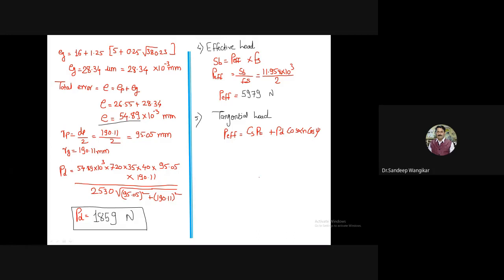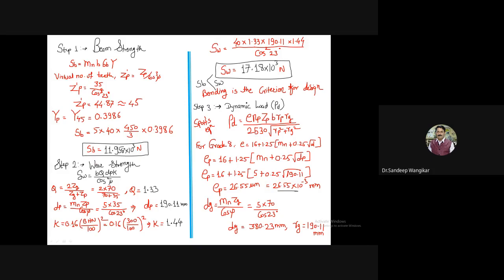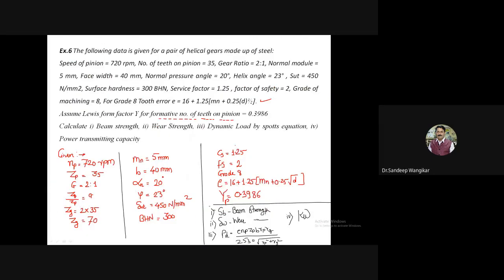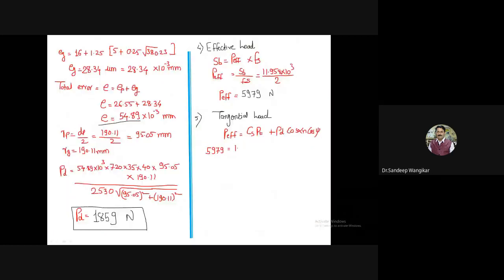So now we are having P effective is equal to 5979 is equal to CS, let us take the value, 1.25, into PT plus PD, 1859, into cos of alpha n 20 degree into cos of 23 degree.